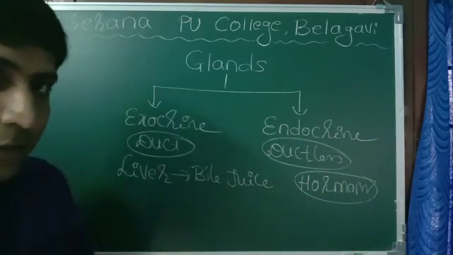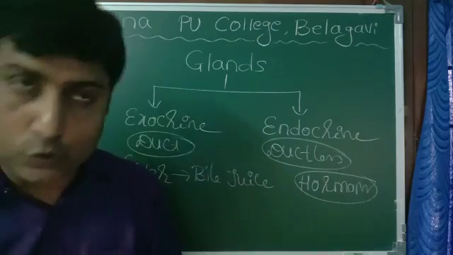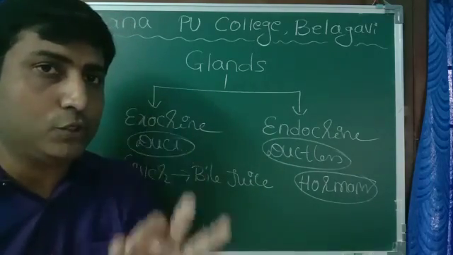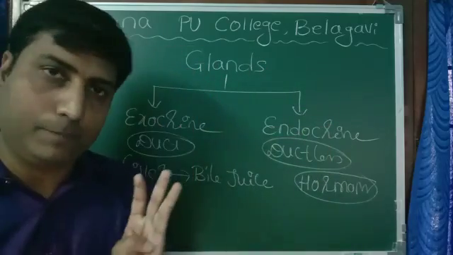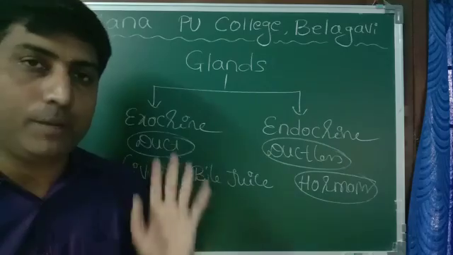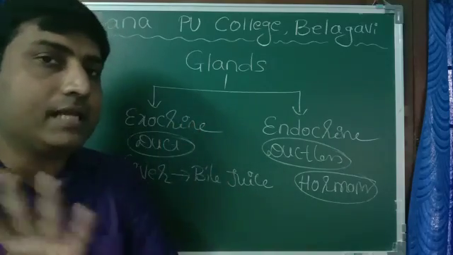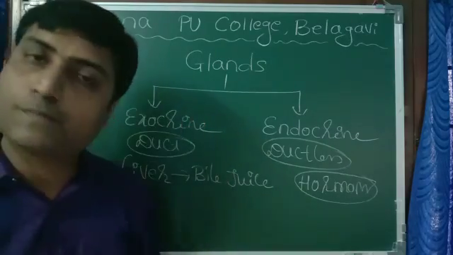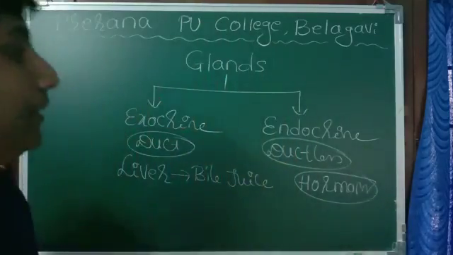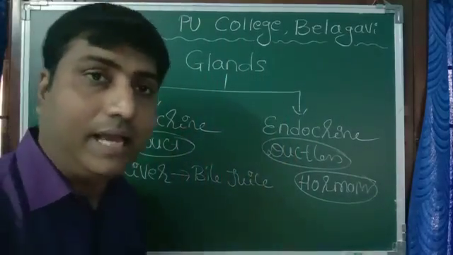Thus, to conclude, epithelial tissue is the simplest form of tissue found in animals. Point number 1, they form external covering or internal lining. Point number 2, they are packedly arranged without intercellular spaces. Point number 3, based on their shape and structure, they are classified into different categories.